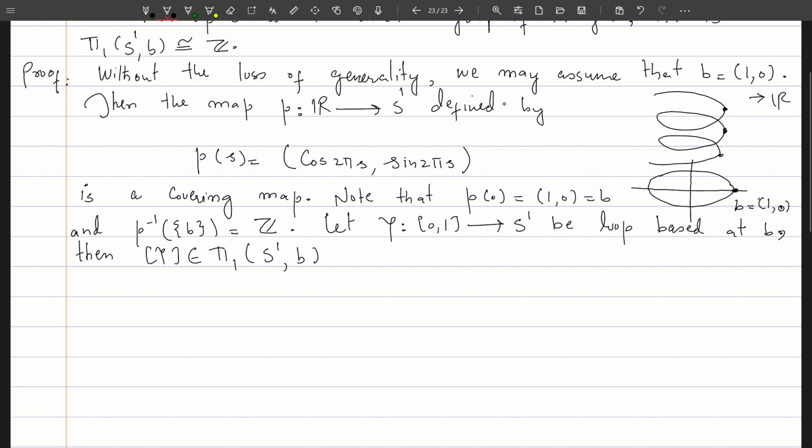Now by path lifting property, this gamma has a unique lift which will start at 0.